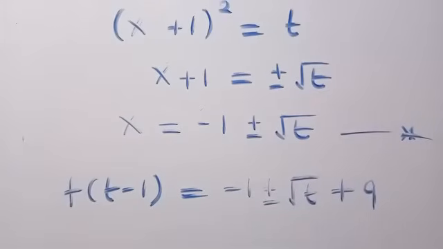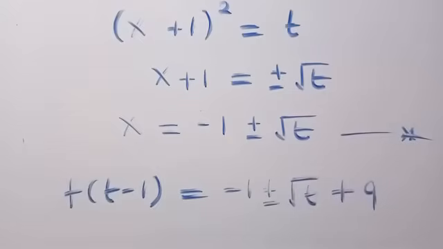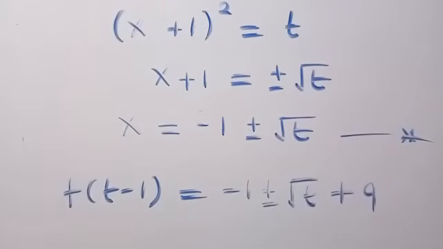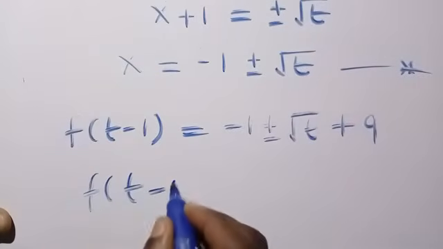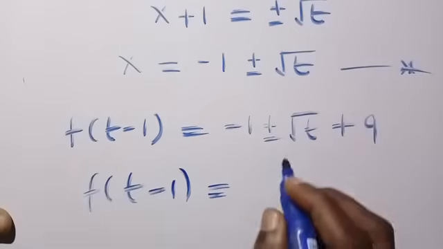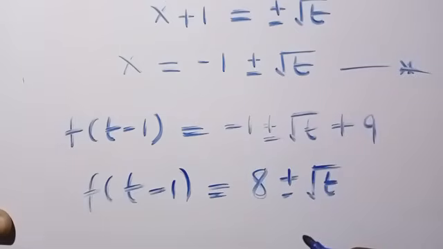Then by doing the replacement, after we have replaced this, we have f of t minus 1 equals minus 1 plus or minus square root of t plus 9. And by adding minus 1 plus 9 together, we have f of t minus 1 equals 8 plus or minus the square root of t.